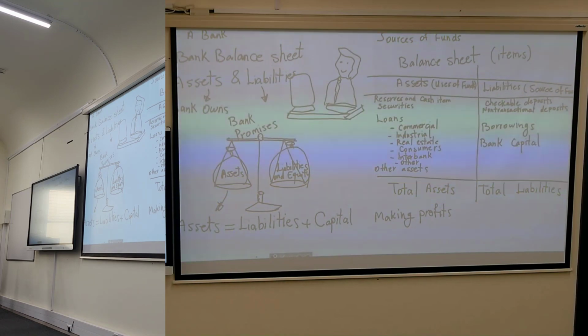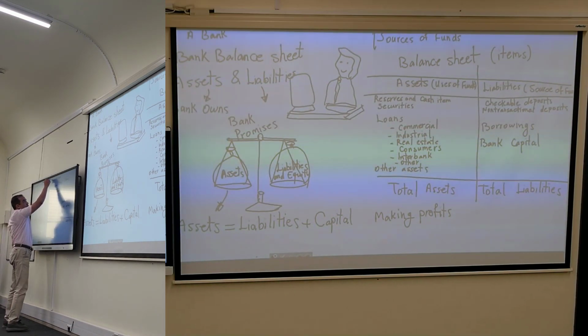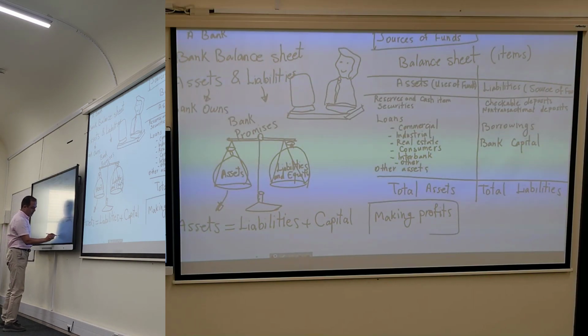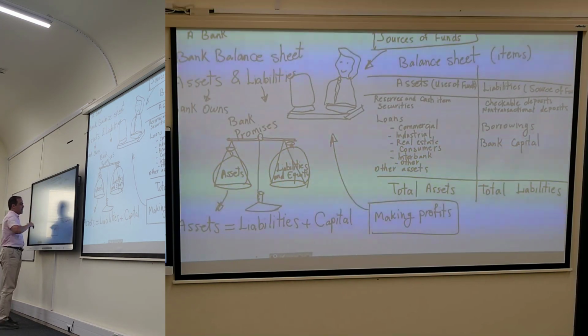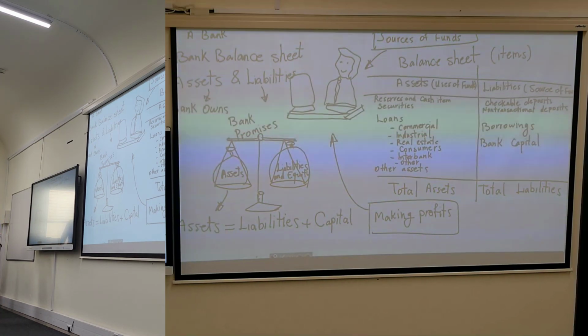So they make the profit from this and making a good source of funds, and also making the profits are the responsibilities of the manager of the bank, and they have to make it a kind of balance between the asset side and the liabilities and capital, that it will be appeared in the balance sheet.